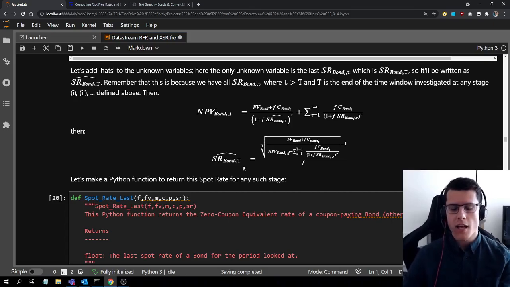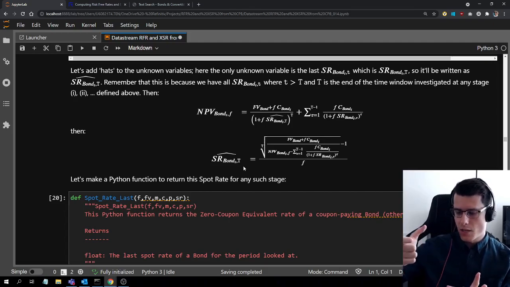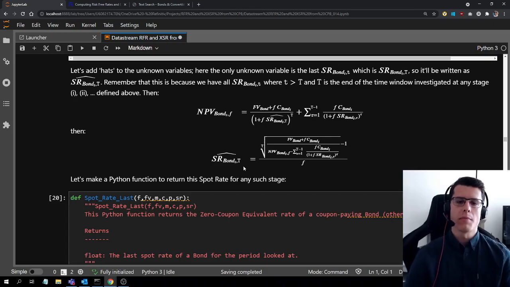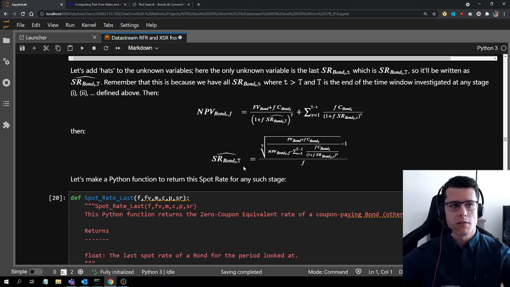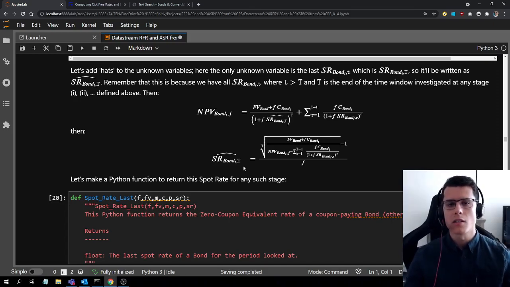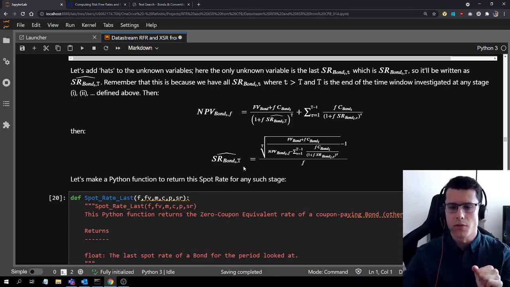So if I'm looking at, let's say, a 3-year to maturity bond that I have in my hands, I can only compute the spot rate for that last half year, the last 6 months of that bond. If I wanted to compute ones beforehand, I would have to use data from elsewhere. I'd have to use data from other bonds in the market in order to figure out what the spot rate is every 6 months.